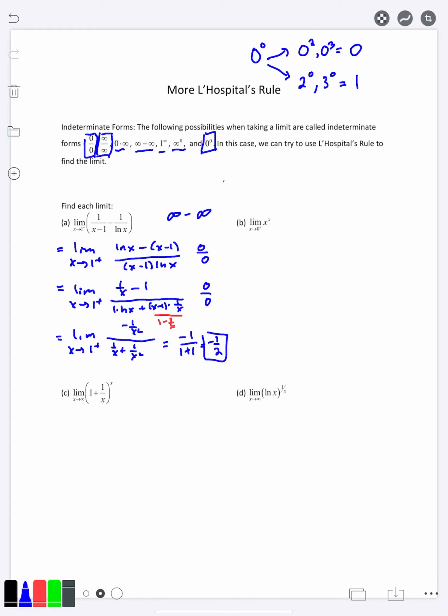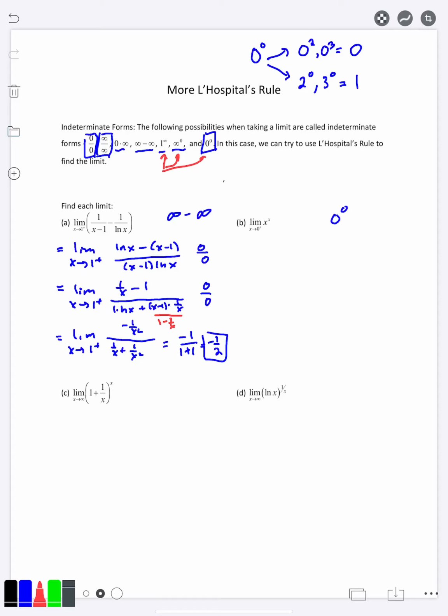Okay. Next one up, we have the limit as x goes to 0 of x to the x. That means we have 0 to the 0 here. Well, it turns out that for any of these ones that have exponents, there is a certain procedure that you're going to want to use on them, and they're going to involve logarithms.